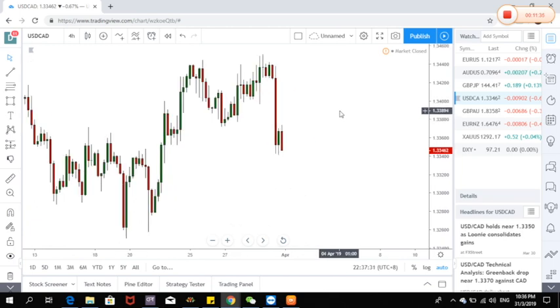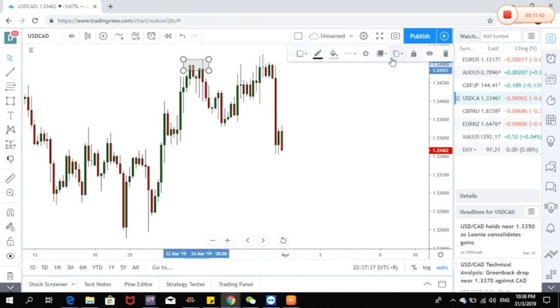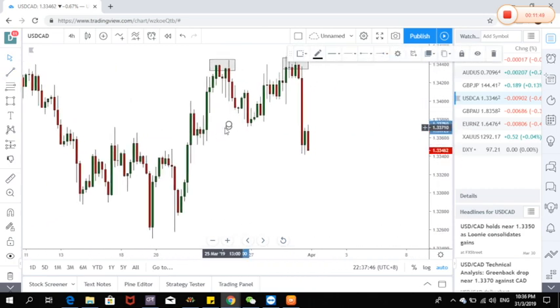Okay, as we can see here, we can clearly see that this is a double top formation on the USD CAD, and this is the neckline, right?